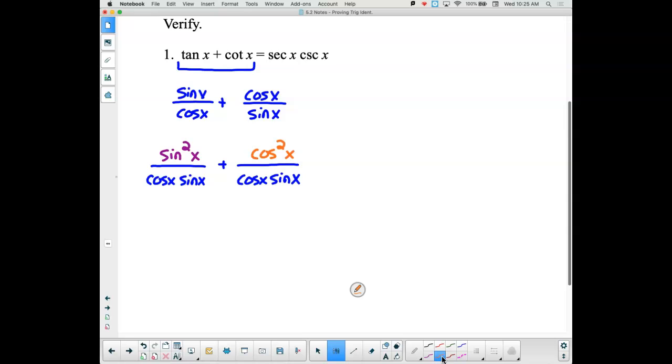Now I can combine the fractions, yes? Now what?